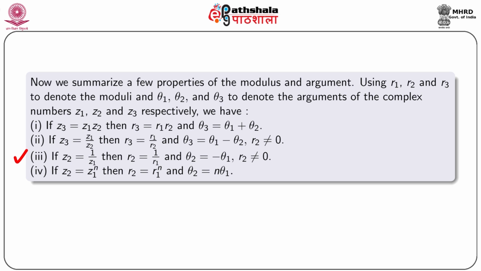Number 3, if z2 equal to 1 by z1, then R2 will be 1 by R1 and theta 2 will be minus theta 1. In this case also, provided R1 not equal to 0. If z2 equal to z1 to the power n, then R2 equal to R1 to the power n and theta 2 will be n into theta 1.